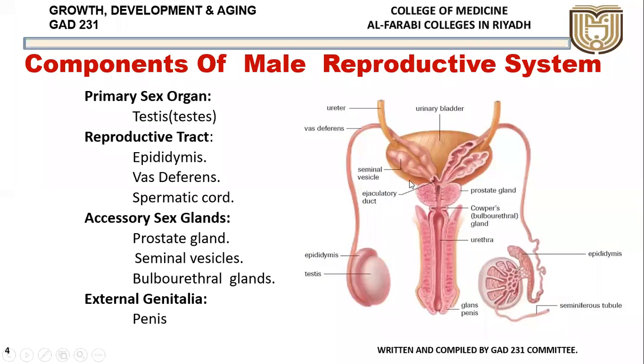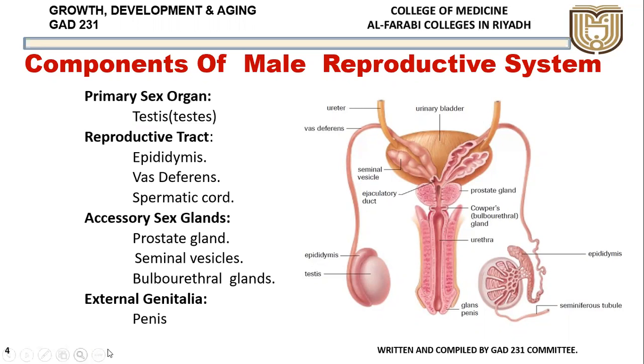Then we have the seminal vesicles, just behind the bladder. This is the cut section of the same seminal vesicle. Then we have small glands here. These are called the bulbourethral glands, also called Cowper's glands. These are called the accessory sex glands.